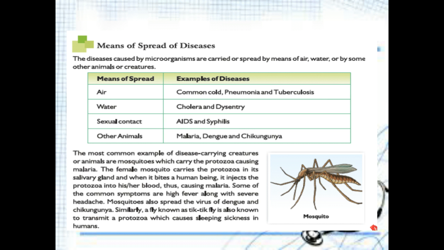The protozoa carried by these mosquitoes mix directly with blood. When a mosquito bites a person, it sucks the blood of an infected person, and then it bites another person.